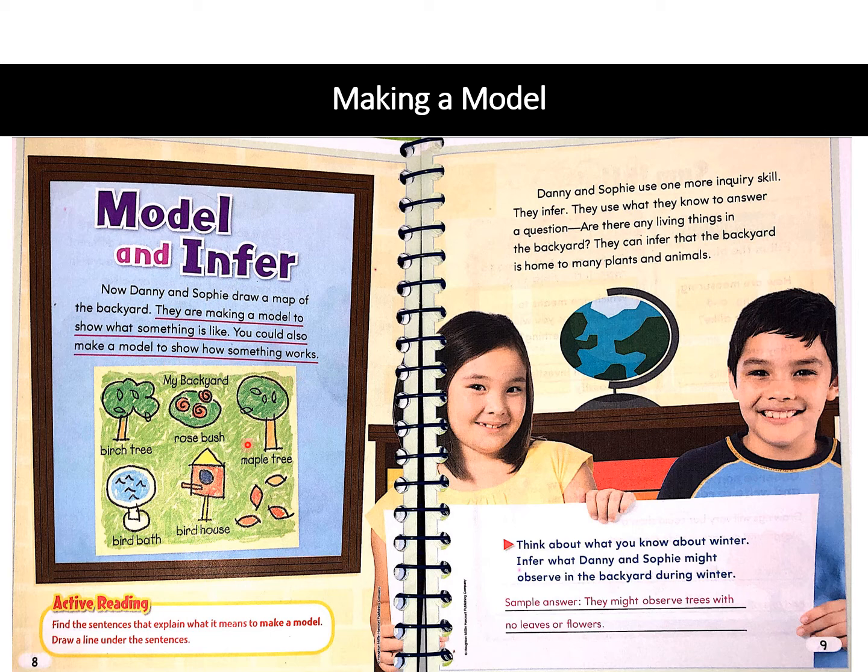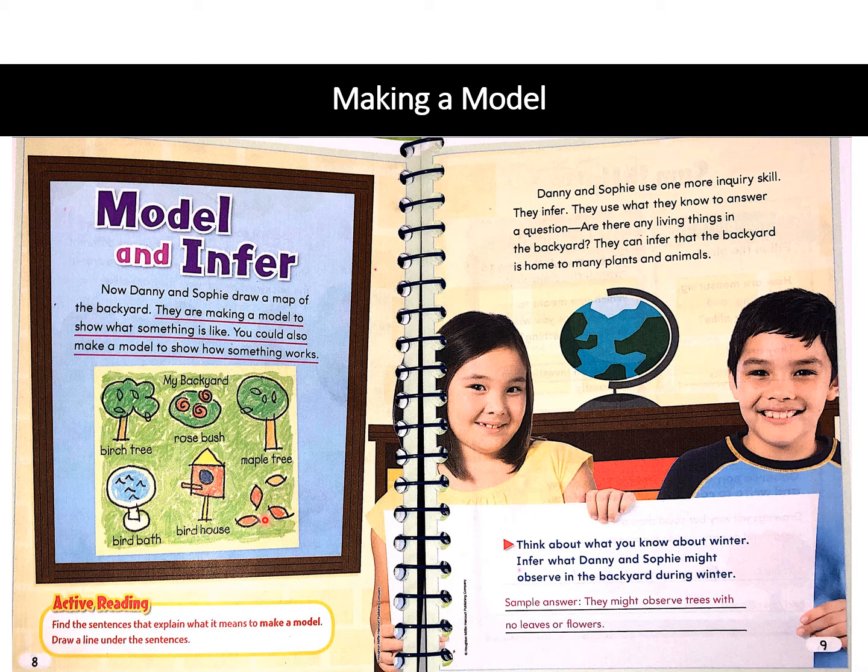Let's see. My backyard. We have a rose bush, a birch tree, a maple tree, a birdhouse, and a bird bath. And this looks like some falling leaves. Okay, so what can making a model help you learn about?